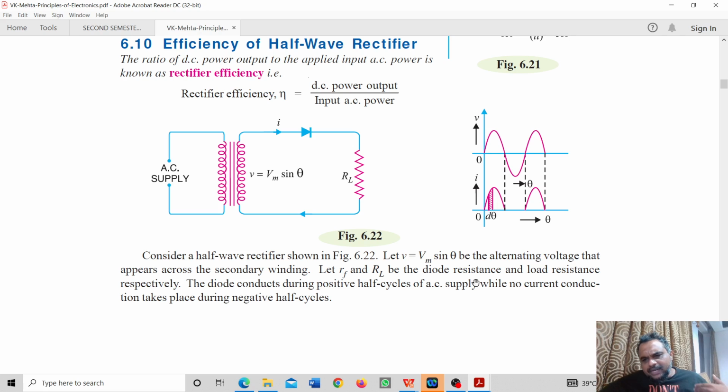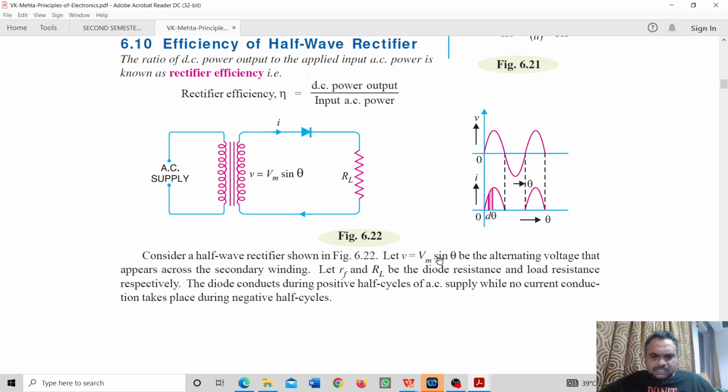Whenever I get a sinusoidal variation of something, I use an equation of the form amplitude into sin theta. An AC current is always sinusoidal; you can use a sine or cos to represent an AC voltage or current. So I am using Vm sin theta to represent the input AC voltage, the instantaneous AC voltage.